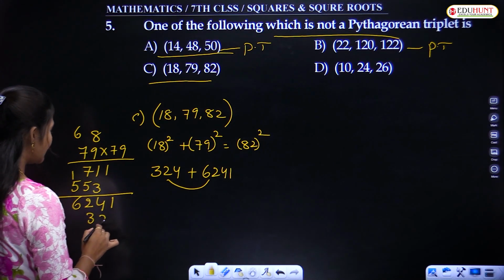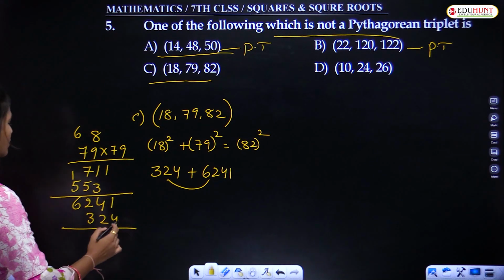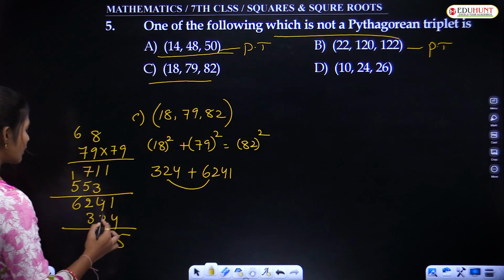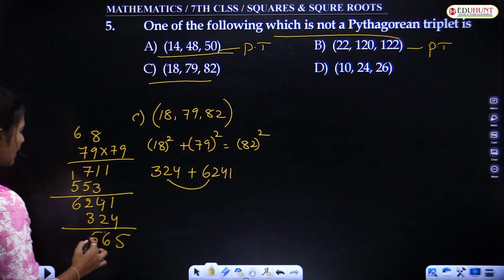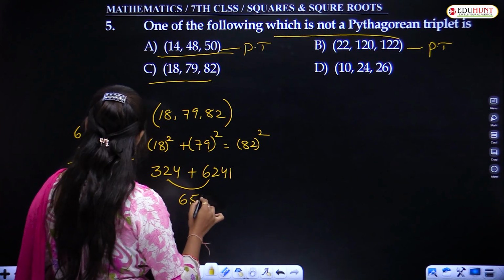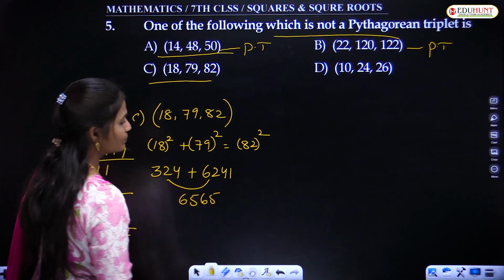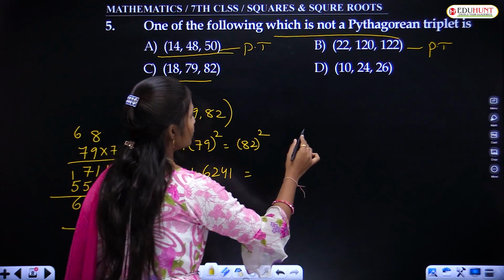So if you add these two numbers, what will you get? Add 324 to 6241. 4 plus 1 is 5, 2 plus 4 is 6, 2 plus 3 is equal to 5, and here 6. So after adding these two, we will get 6565. Now see this value, 82 square.